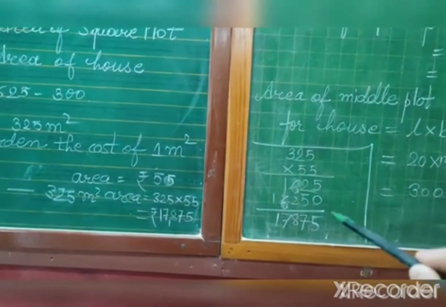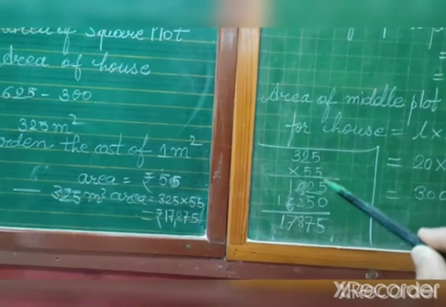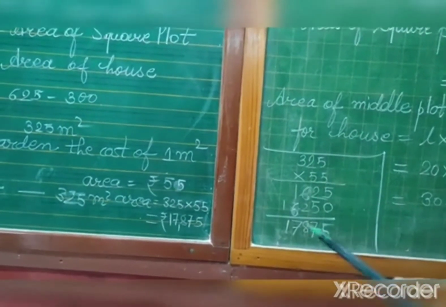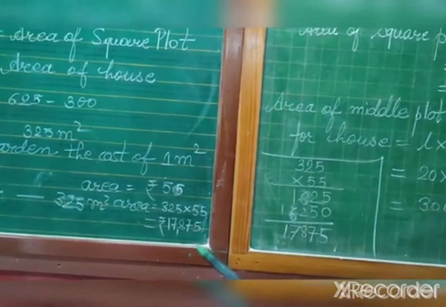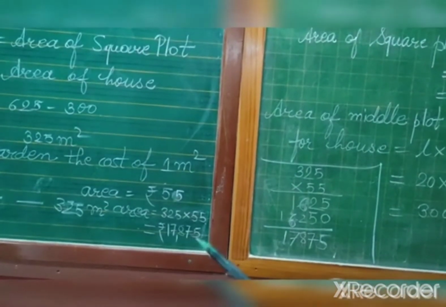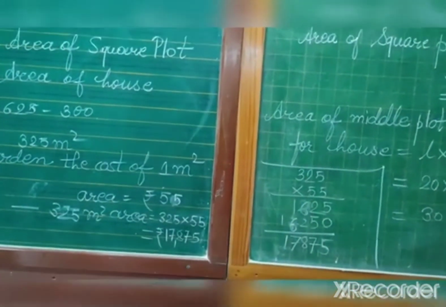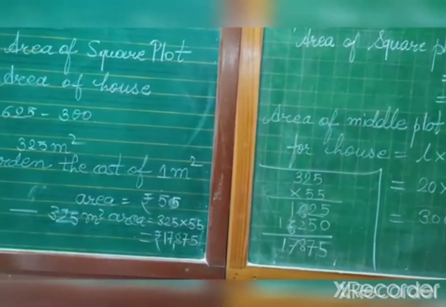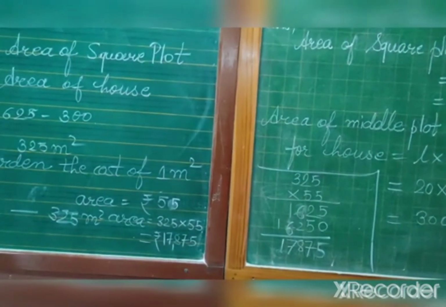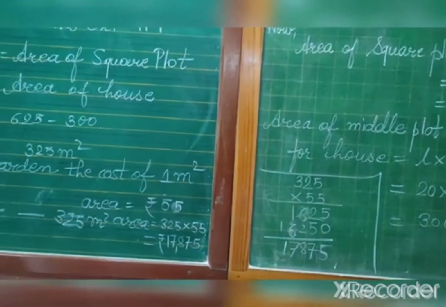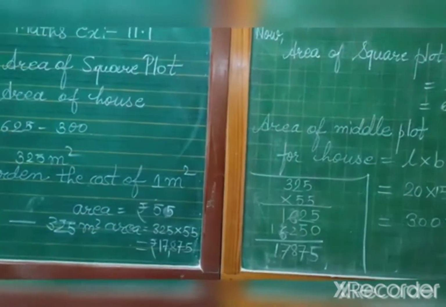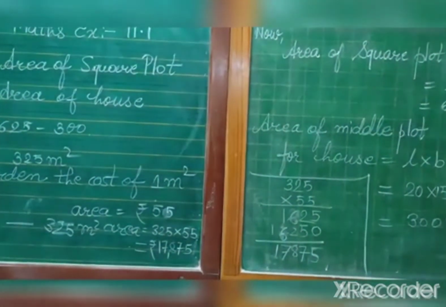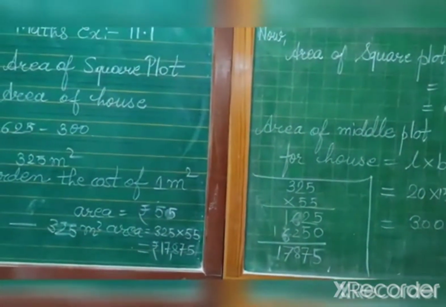Don't do this in rough work. Inside you have to show, and you can see here, so the total cost in the statement form you will write, so the total cost to develop the garden around the house is rupees 17,875. Okay, we have solved.